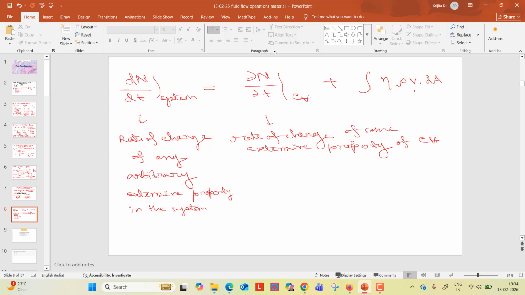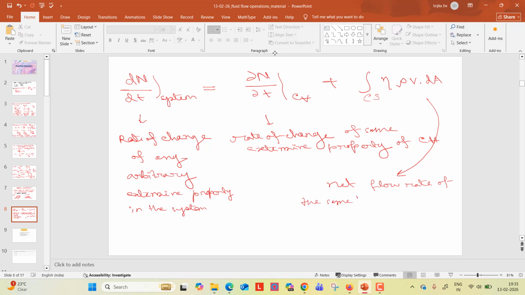So this is over the control surface. This is the net flow rate of the same property.